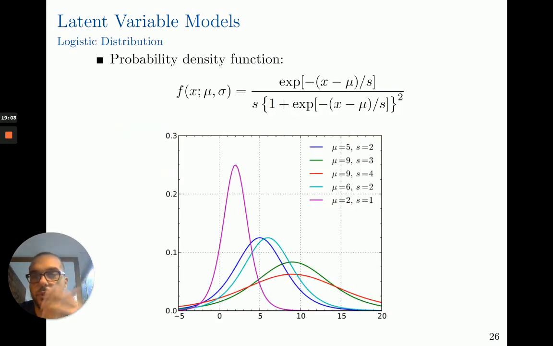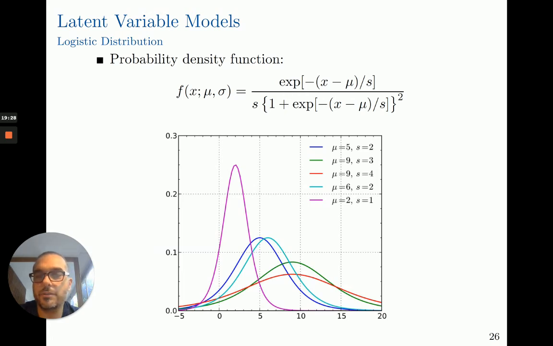So what's the shape of the logistic distribution that we are talking about so much? The probability density function of the logistic distribution is displayed on your slide, and for different values of the location parameter mu and the scale parameter sigma, you have different plots.